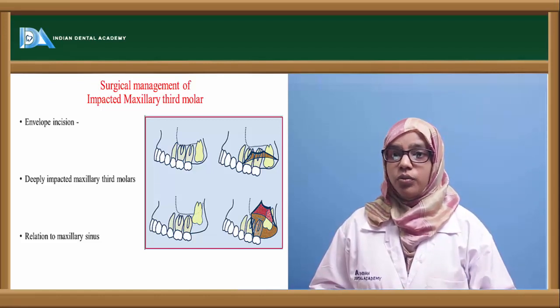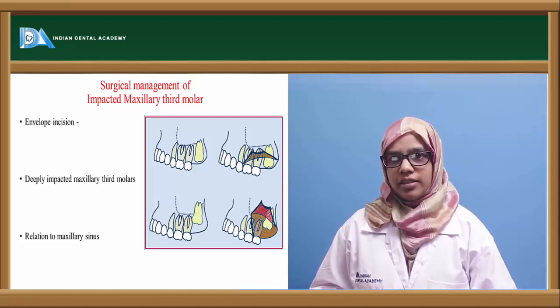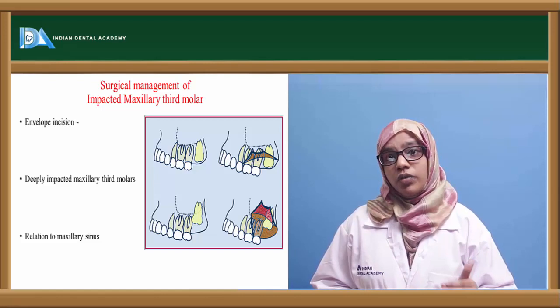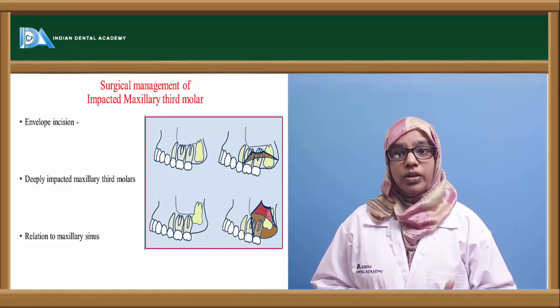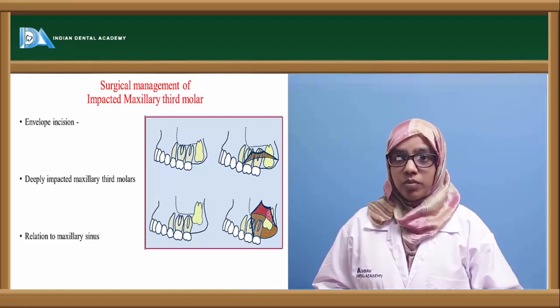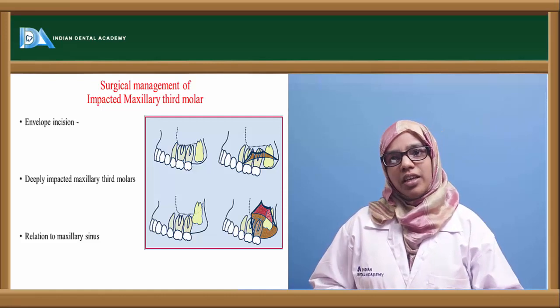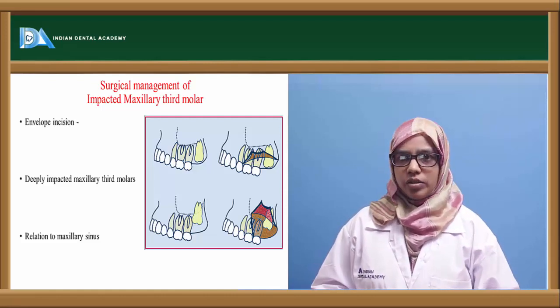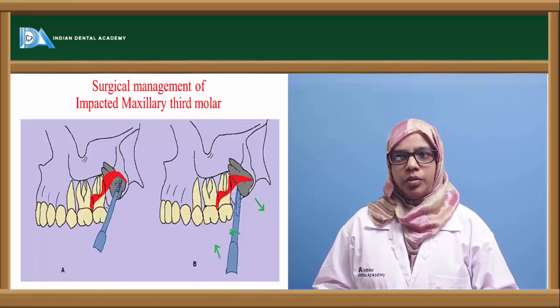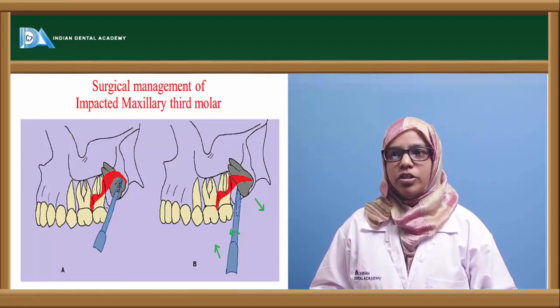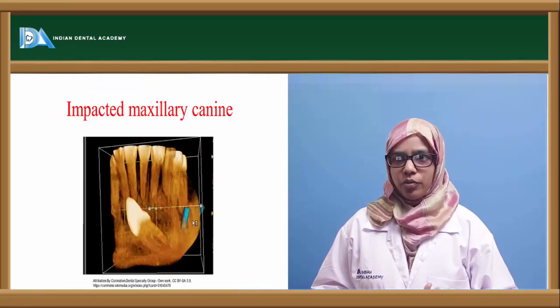But wherein the tooth is very deeply embedded, you need to give an anterior releasing incision. Similarly to the way you have done in the mandibular third molar, here also you will give an anterior releasing incision from the mesial aspect of the second molar or either from the first molar. The bone guttering is done till the cemento-enamel junction, and the tooth is elevated and removed.